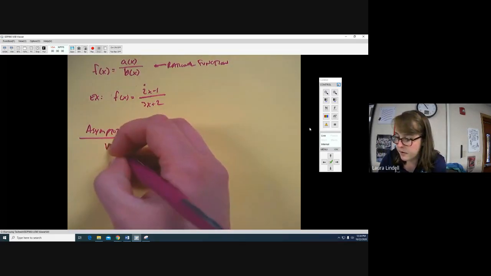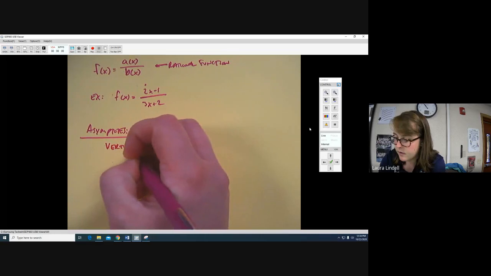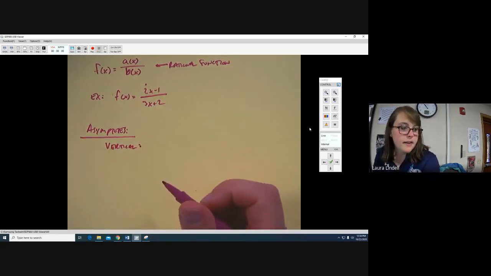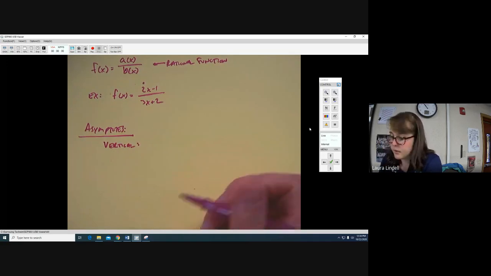so vertical asymptote. All you have to do to find that is take the denominator and set it equal to 0.